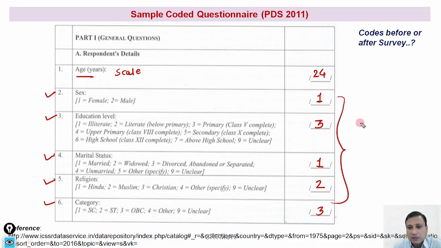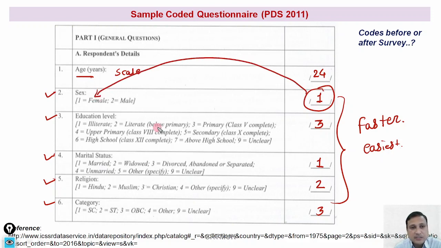This is the fastest way that we can enter our data in a questionnaire, and the same is true when we are entering our data in MS Excel or in SPSS. So this is the fastest and easiest way to enter data. Now what are codes? A code is nothing but an assigned number, and it represents what? It represents female.